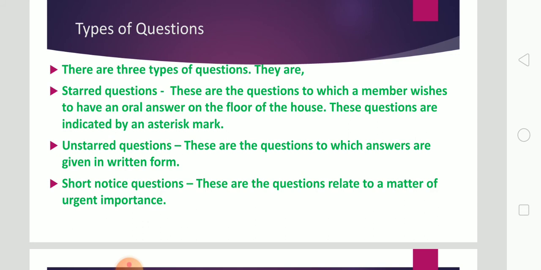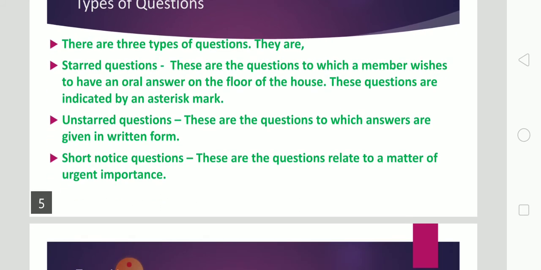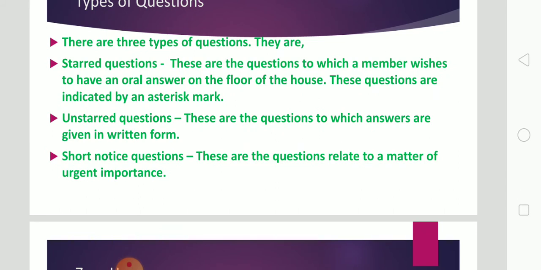Once the answer is given on the floor of the parliament, those who are asking the question can ask subsidiary questions for clarifying the answer. If further queries are there, they will be clarified by asking subsidiary questions.